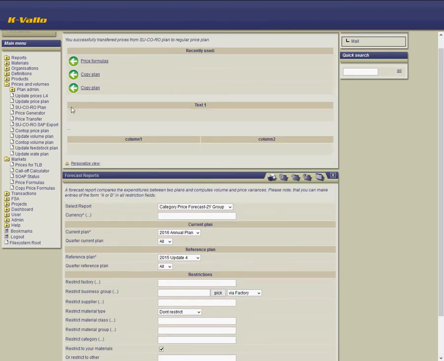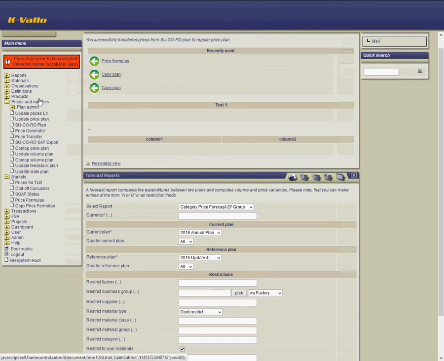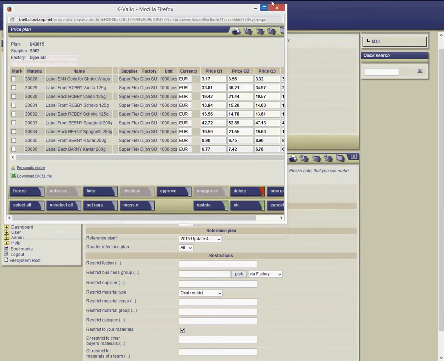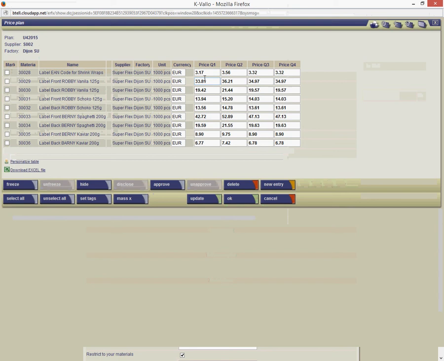So now we're going to go to the price plan. That's done. And in the price plan, we have those new prices calculated with the new price formula, which we have assumed. What we do now is we're going to copy the first quarter to the remaining quarters.